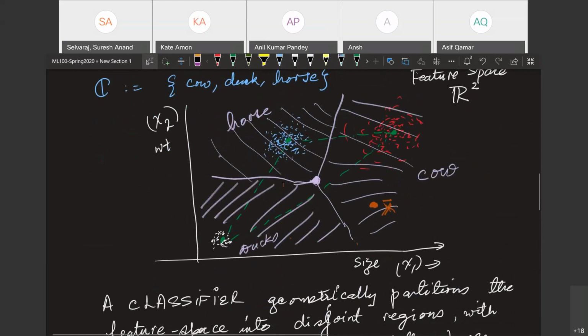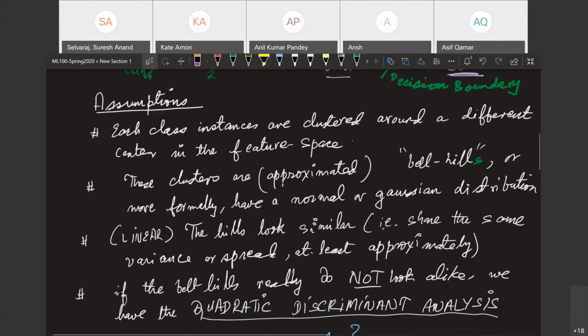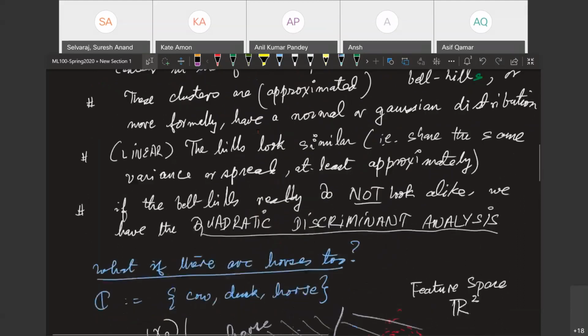Both for linear and quadratic, which has curves. Basically, in discriminant analysis, the only underlying assumptions are, let's go back to the assumptions. The only assumption is that each class is clustered separately around a different point in the feature space. Those are essentially bell hills. Other than that, there are no assumptions. Are we together?